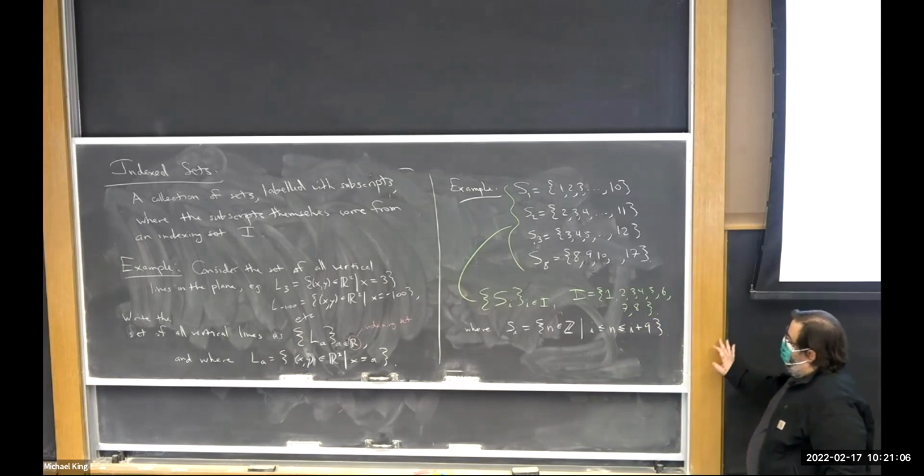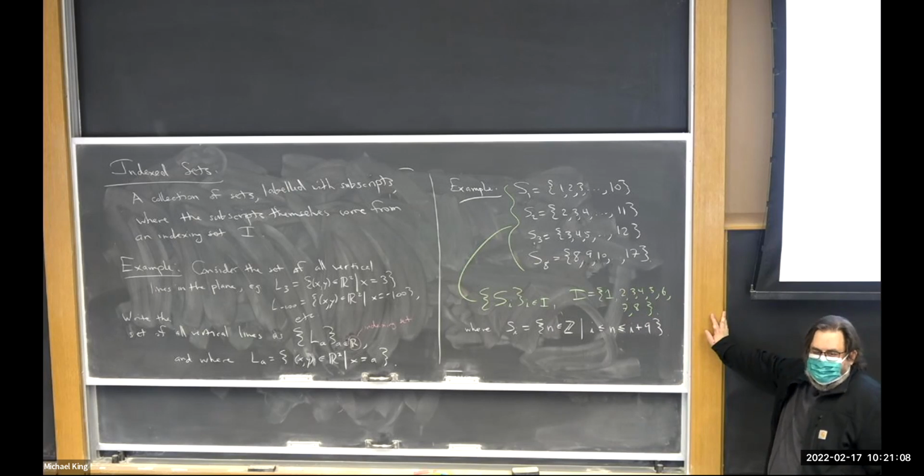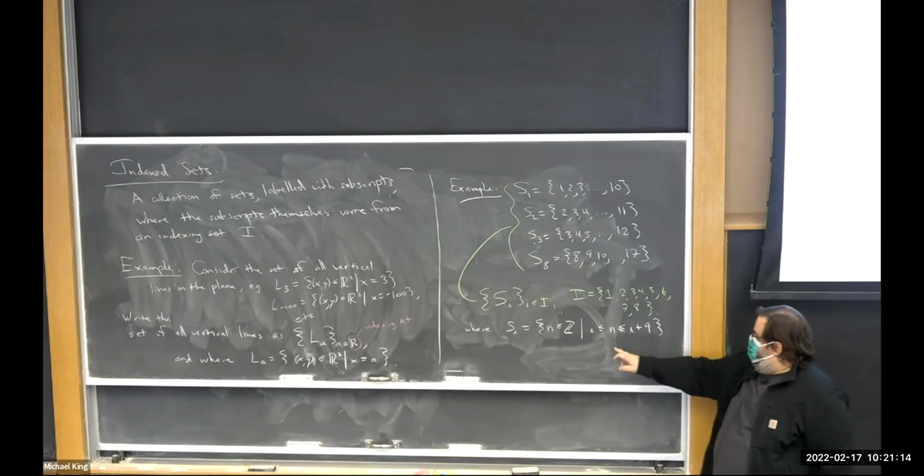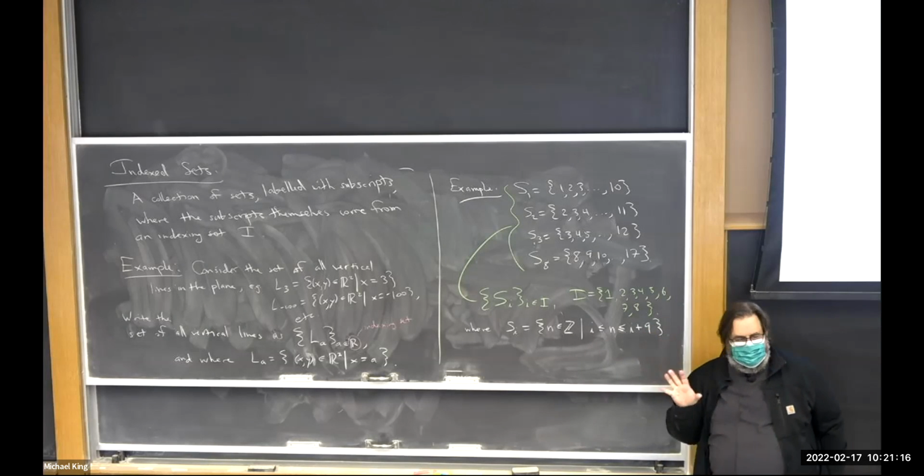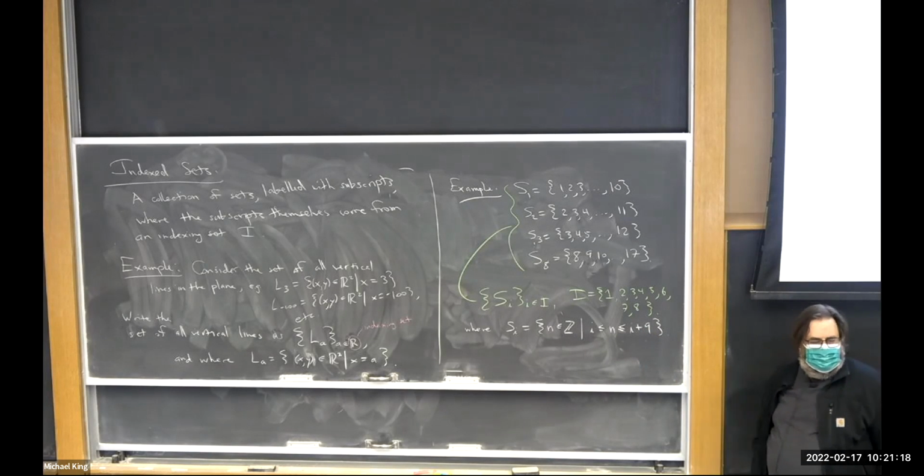I guess if I want 10 things, then that's what I'm doing. Yeah, because i plus 0 through i plus 9 is actually 10 numbers, right? Does that make sense?